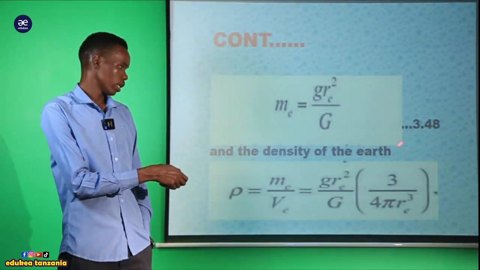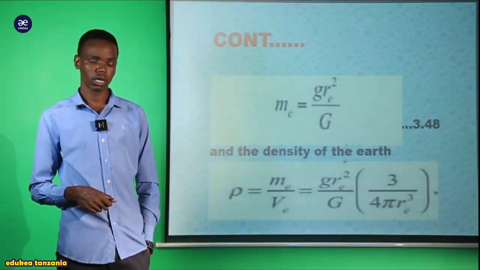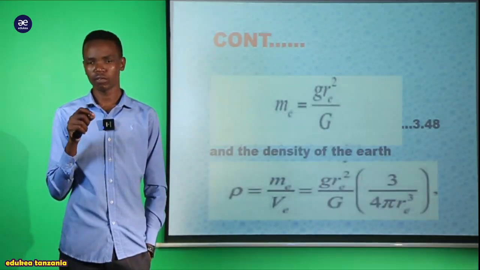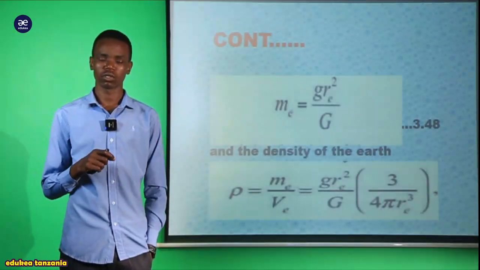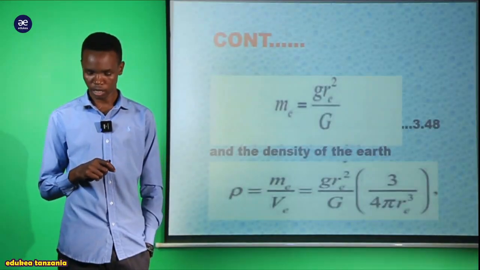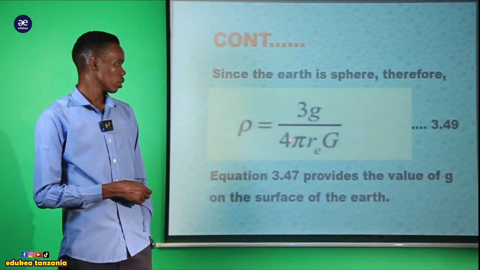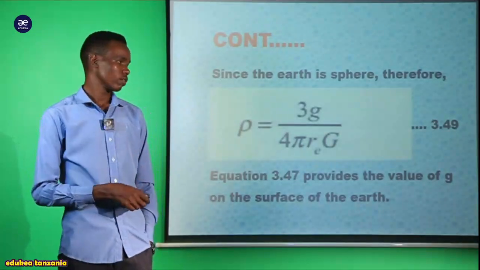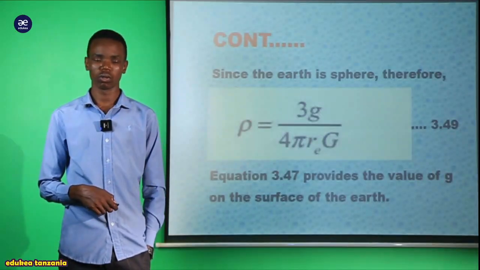Now we should cancel the power 2, or you can use the law of exponents on division: if we have the same base, we subtract the exponents. So if you subtract, you will obtain that the density of the Earth must be equal to 3g divided by 4 pi Re times the universal gravitational constant.